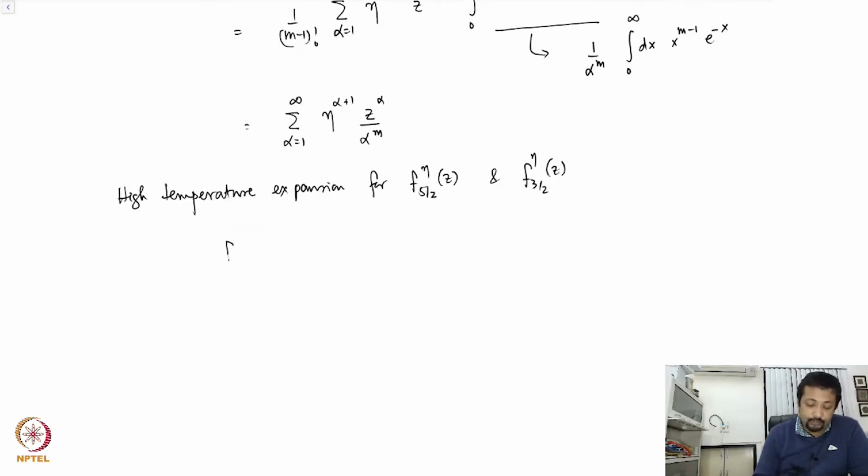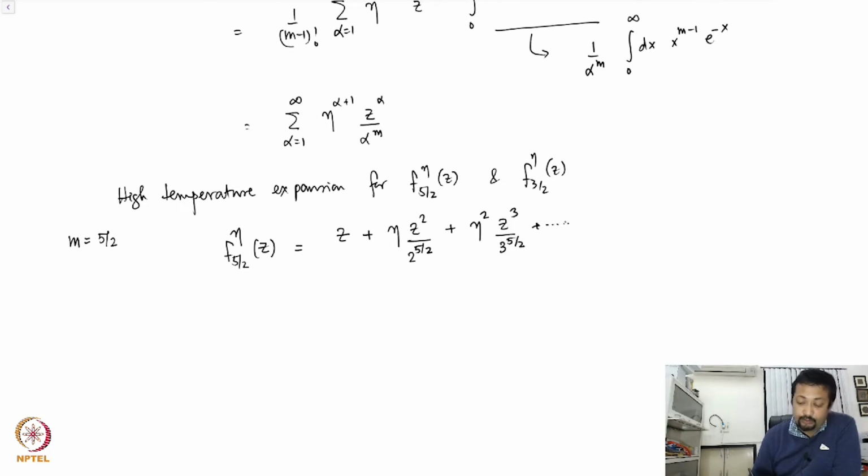So for f 5 half eta of z, m is equal to 5 half, and if I put alpha equal to 1, I have eta square z plus eta z square divided by 2 to the power 5 by 2 plus eta square z cube over 3 to the power 5 by 2 plus higher order terms.